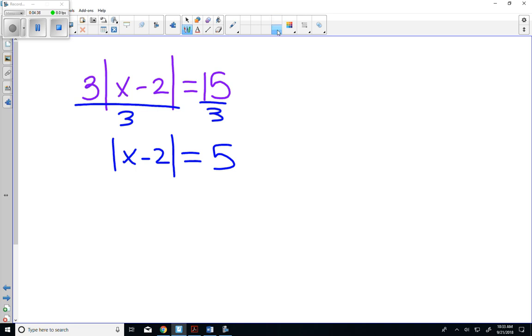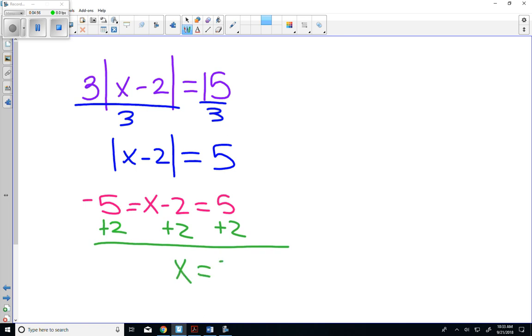And then from this, you can get rid of the absolute value symbols and get x minus 2 equals 5 and -5. And now add 2, and x will equal 7 and -3.